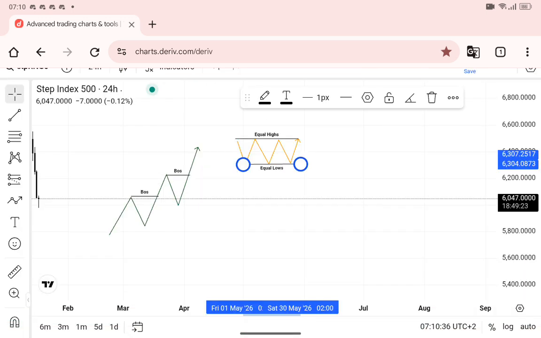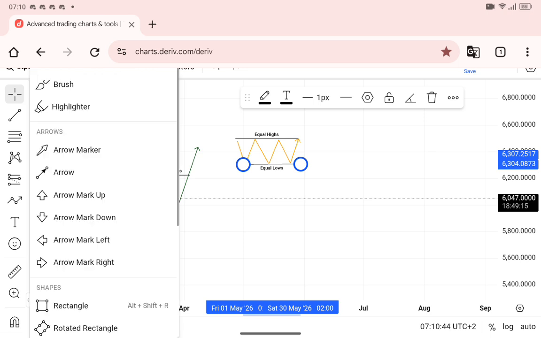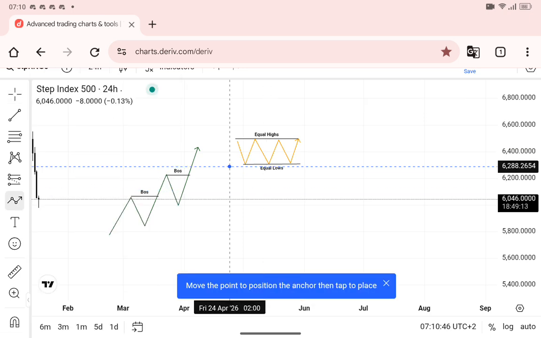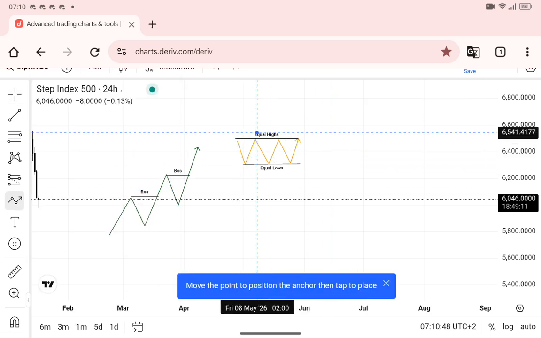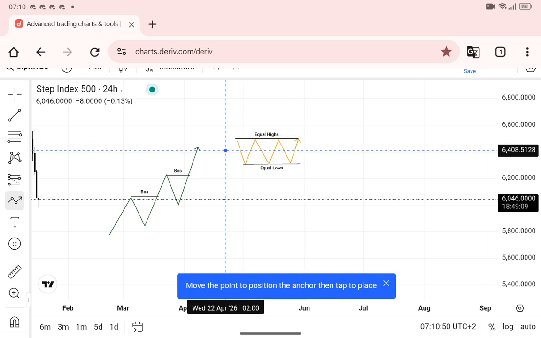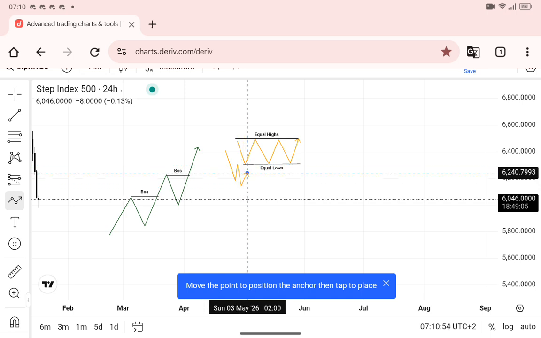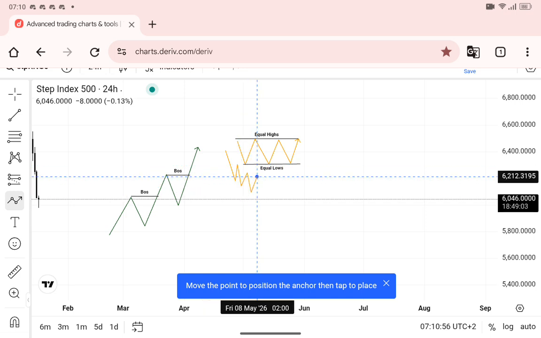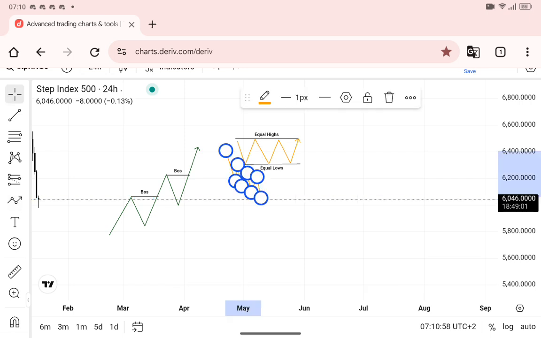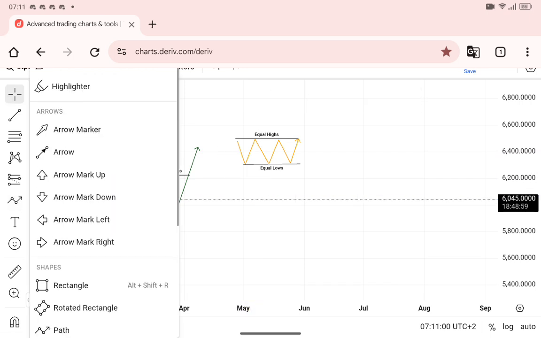So now you are in a series of equal highs and equal lows, which means that the market is not giving you the proper direction. So it can move sideways. The consolidation can be like this, but still the consolidation, right?